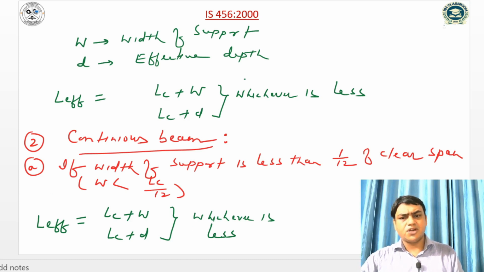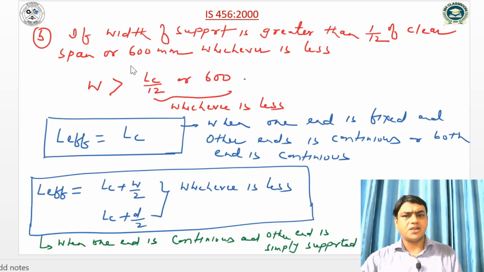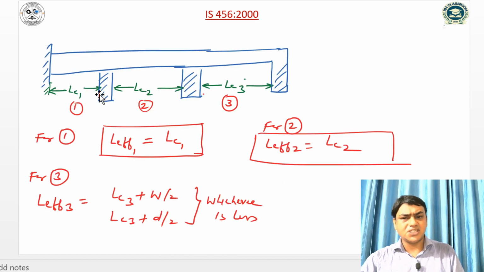But if the width of the support is greater than 1 by 12 of the clear span or 600 mm, whichever is less, then L effective is equal to the clear span when one end is fixed and the other end is continuous, or both ends are continuous, or L clear plus half the width of the support or half the depth, whichever is less, when one end is continuous and the other end is simply supported. Here we can see that this one end is fixed, these two supports are continuous supports, this is the simple support, and this is the fixed support.